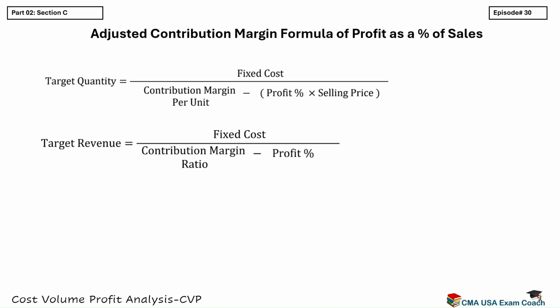We then divide the fixed cost by this adjusted ratio to get the target revenue, which is the total sales revenue required to both cover fixed cost and achieve the desired percentage profit. This method is especially useful when companies have a profit goal defined as a percentage of total sales, which is quite common in real business settings.